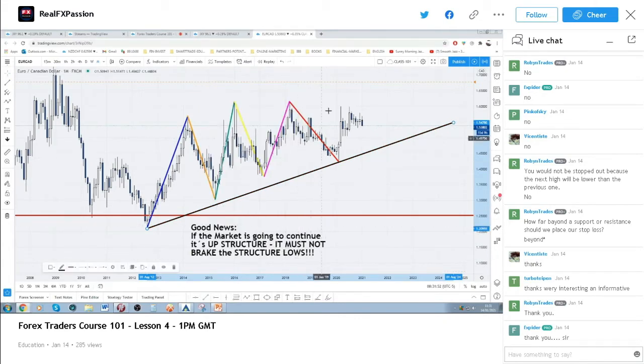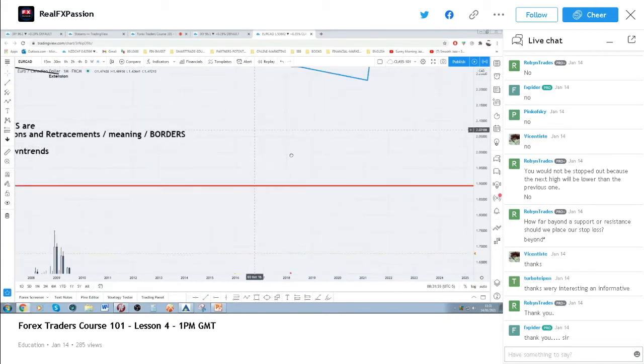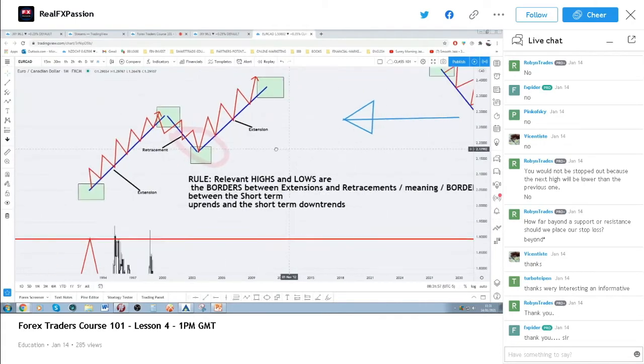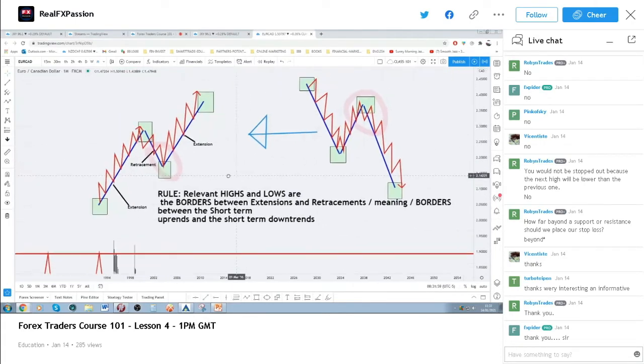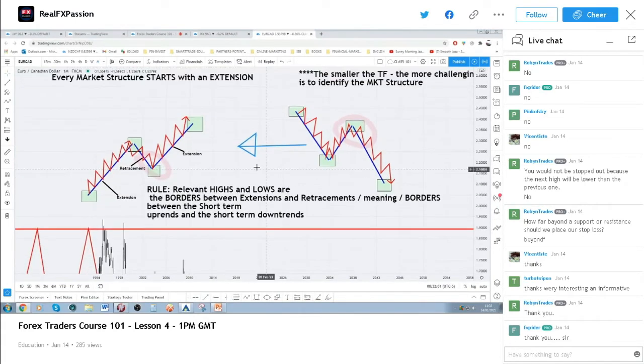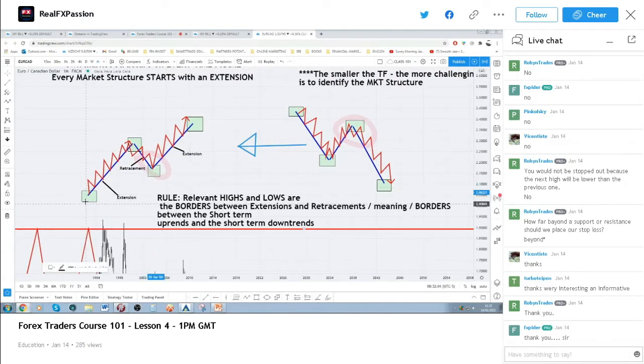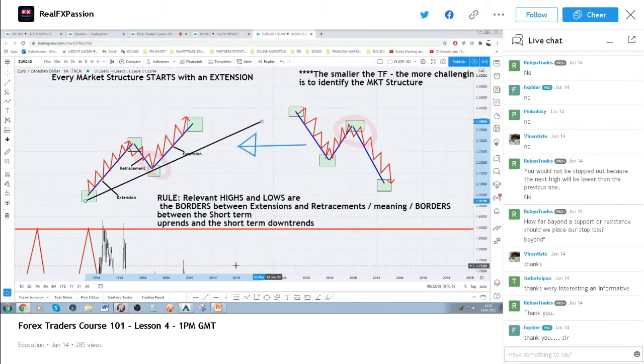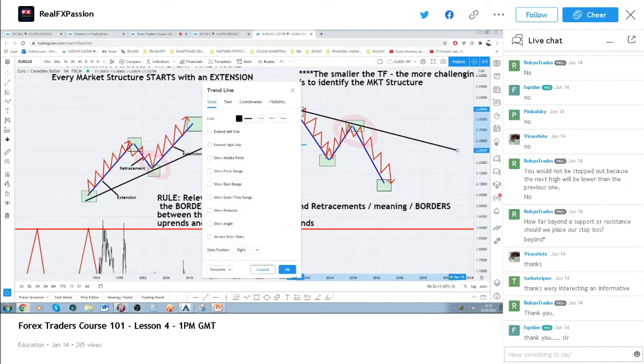Okay. And up in here, when we talked about theory, we have an uptrend line in here, and we have a downtrend line in here. Why are we using trend lines?